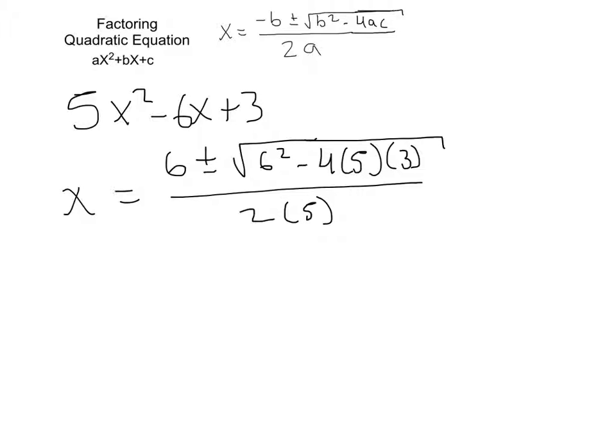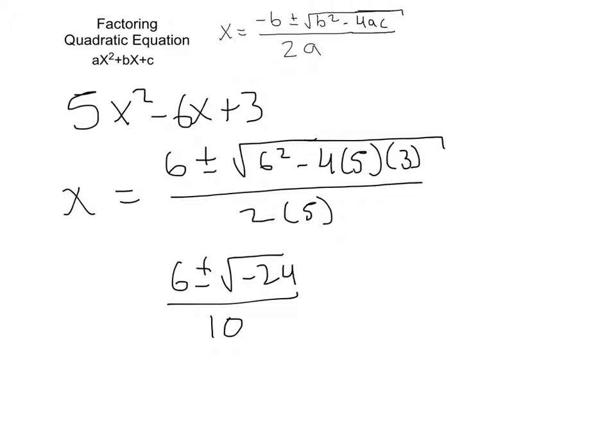So that's going to leave us with 6 plus or minus the square root of negative 24 over 10. Now, one thing to be really careful, like I already said, don't try and cross these out here, because you've got a plus or minus. You're not able to cross that out, but we can reduce this right here to where we could cross it out.